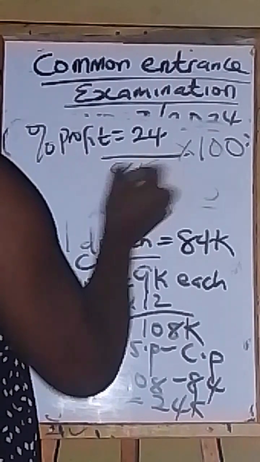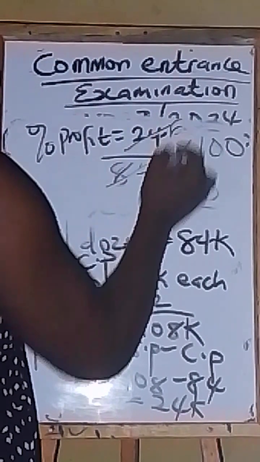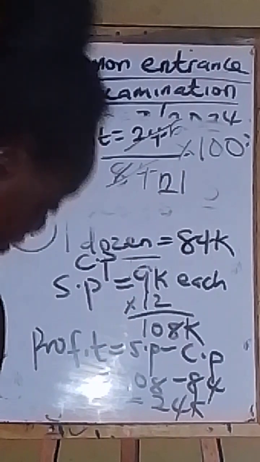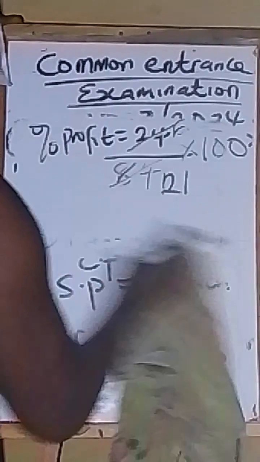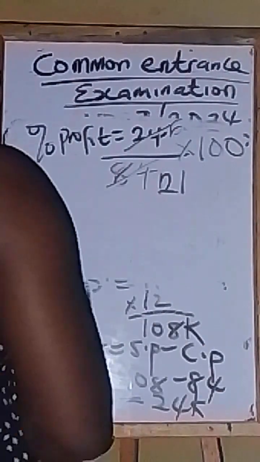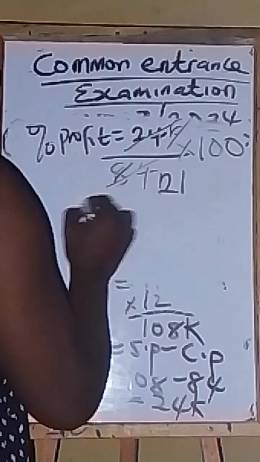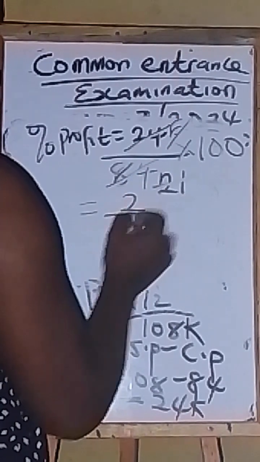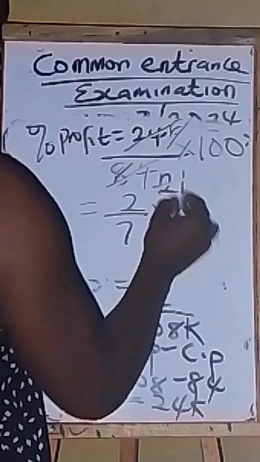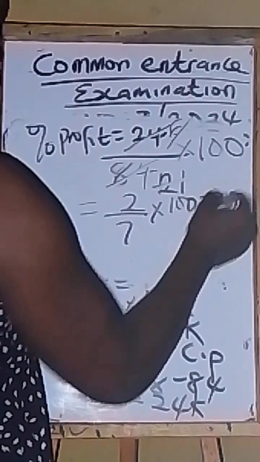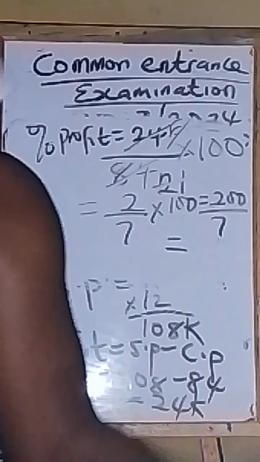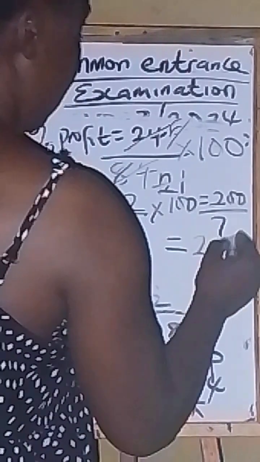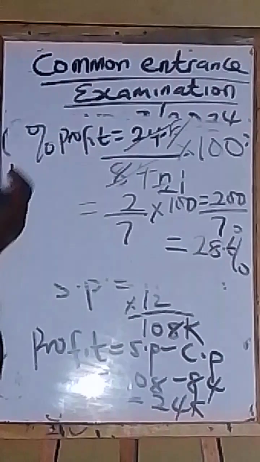Dividing by 12 gives 2 over 7, and that will give us 7 times 100. That's 200 over 7. So the answer is 28.6%.